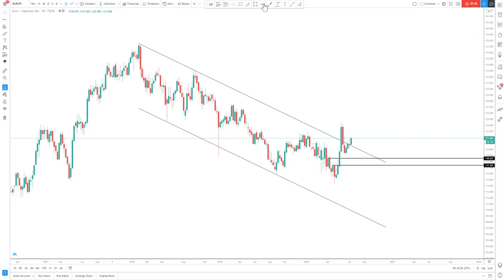We can see another structure it broke right here. So we can see how well it has been breaking the series of lower highs created at this area of structure, and we can also see another structure broken right here, just above this. Yes, so we can see how well it broke structure at every point in time there.